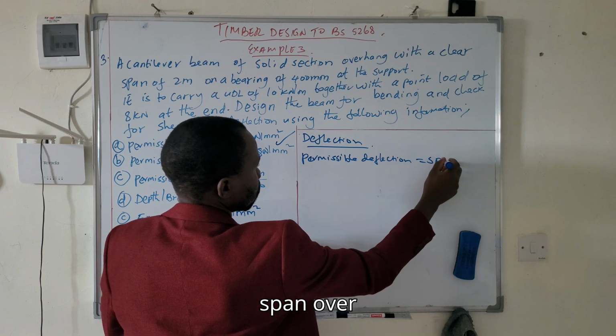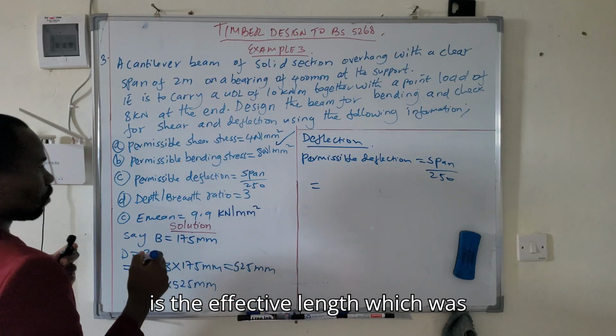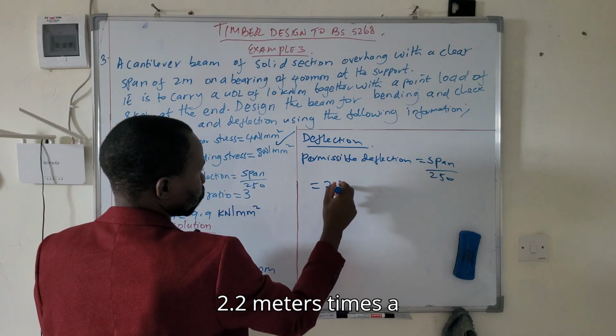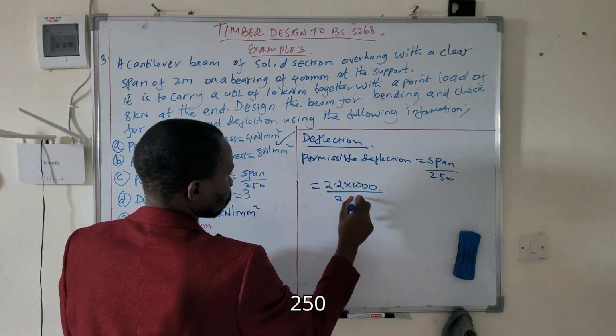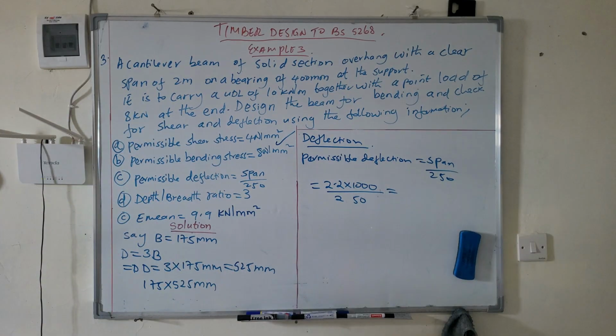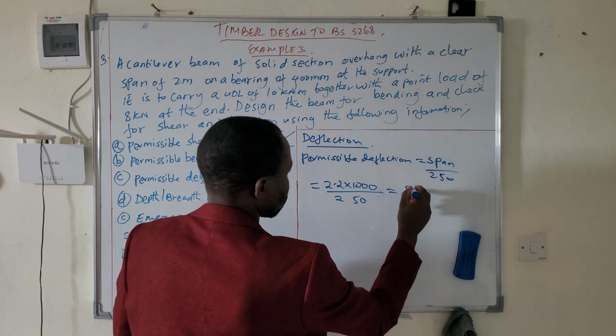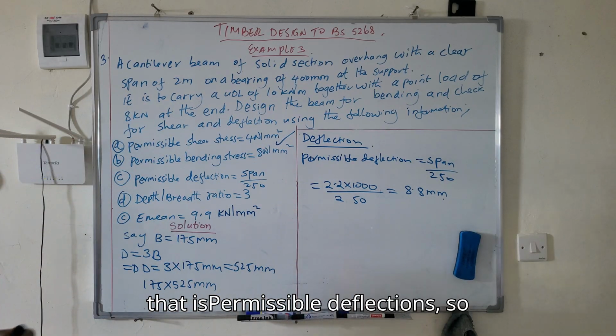So span is the effective length, which was 2.2 meters times 1,000 over 250. So the answer is 8.8 millimeter. That is permissible deflection.